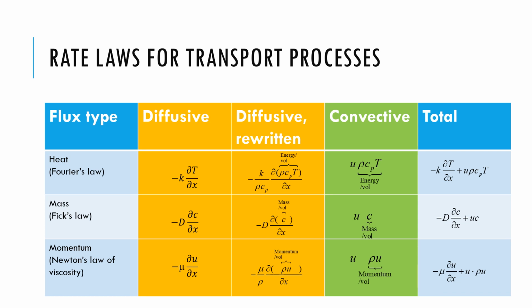So as I said, it is very useful to think of this diffusive type flux due to mostly random movement, and then convective flux mostly due to directed movement, and then the total flux is made up of diffusive plus convective.